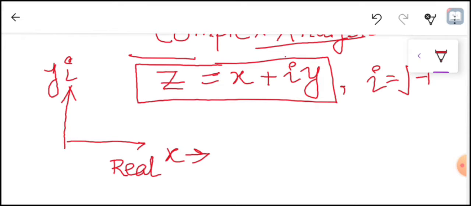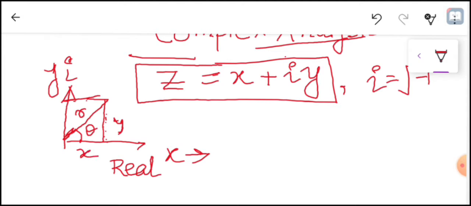So if we plot some points, then we get a straight line like this passing through the origin. And suppose the distance from the origin is r and it makes an angle theta with the x-axis, then this value is x and this value is y.